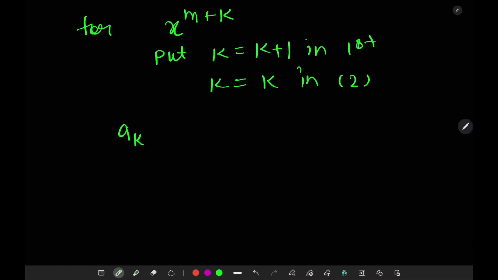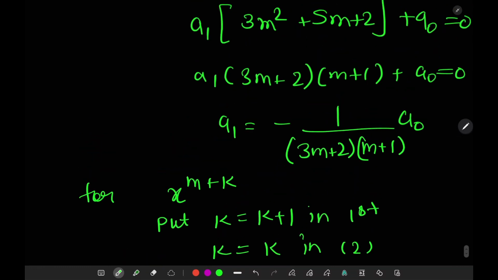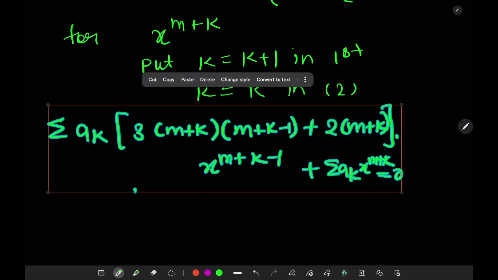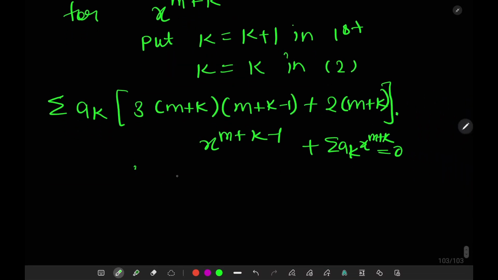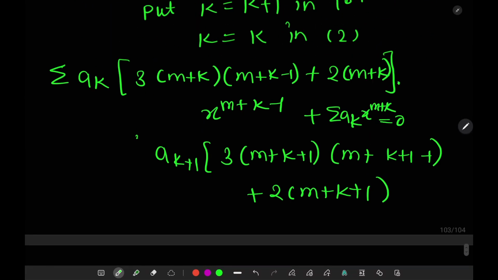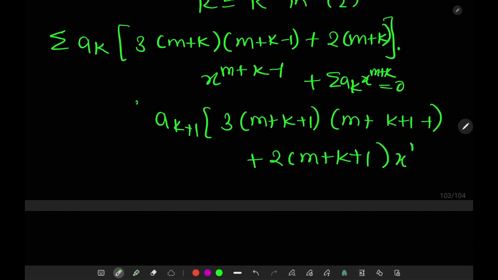We get plus a k x raised to power m plus k equal to 0.